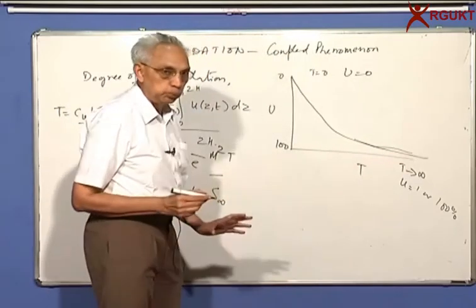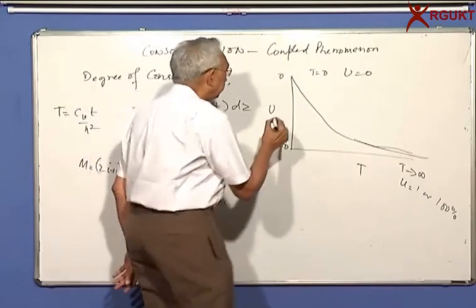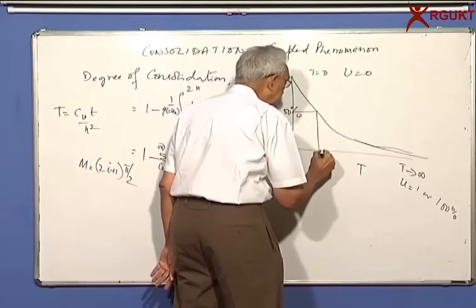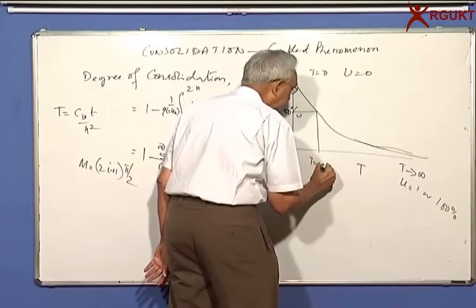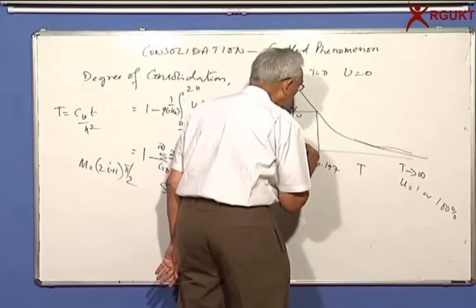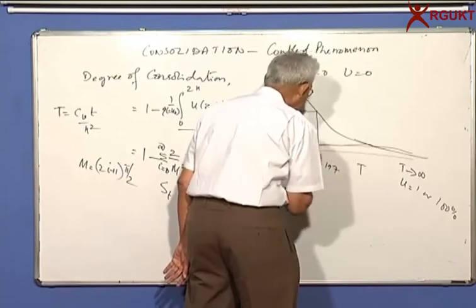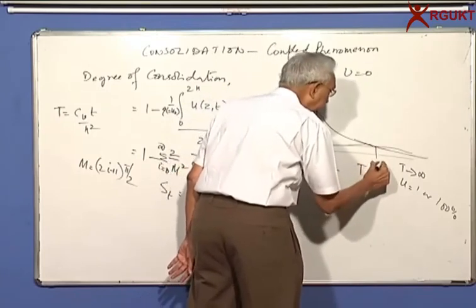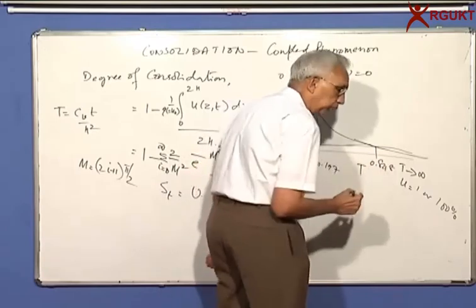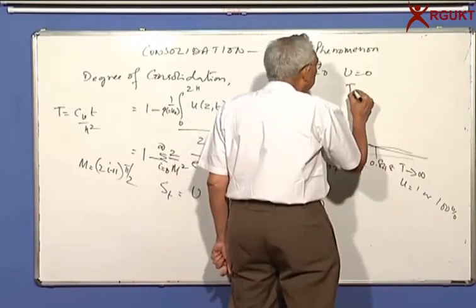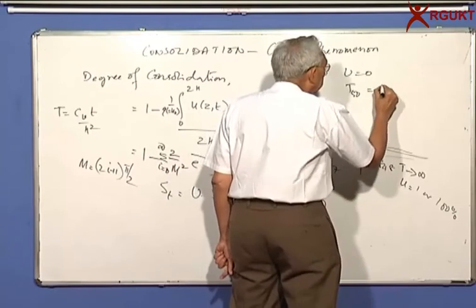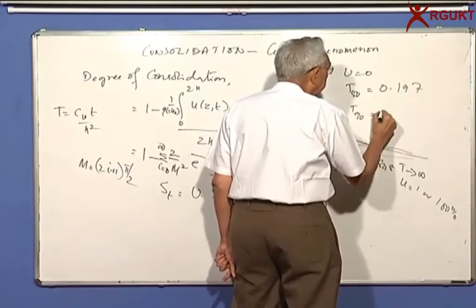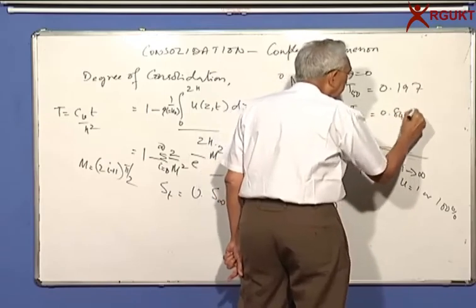There are two quantities which you should remember. If u is 50%, then T is equal to 0.197. And if it is 90%, T is equal to 0.848. These are two important numbers. I want you to remember T50 is 0.197 and T90 is 0.848.